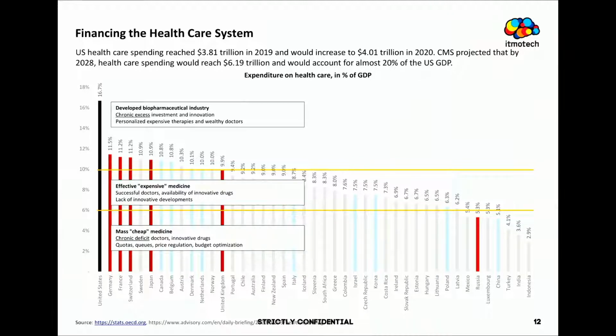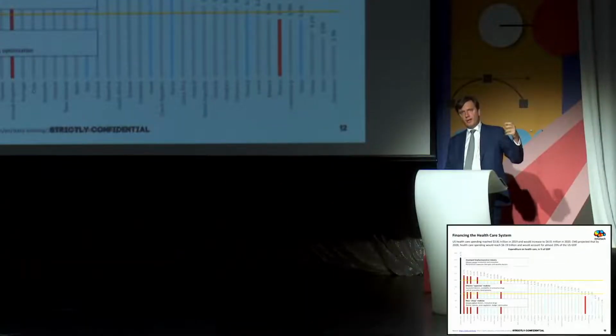And those countries which have over, say, 10% of their GDP devoted to healthcare, they are not as efficient in terms of healthcare systems, but this surplus goes to fund the innovation in the life sciences industries. So the life sciences industry really grows in the countries where the percentage of the GDP being devoted to healthcare is higher than 10%.